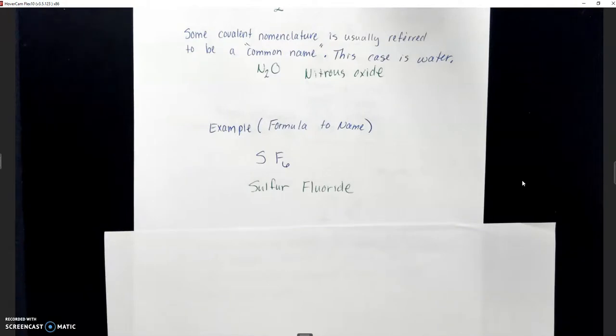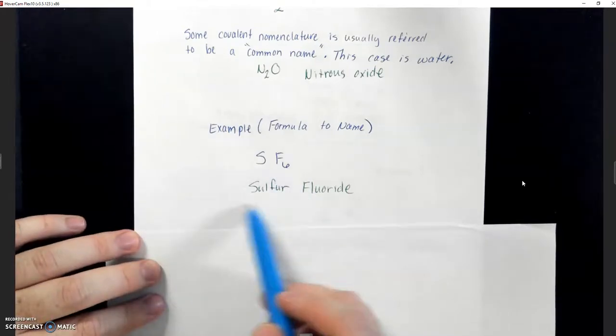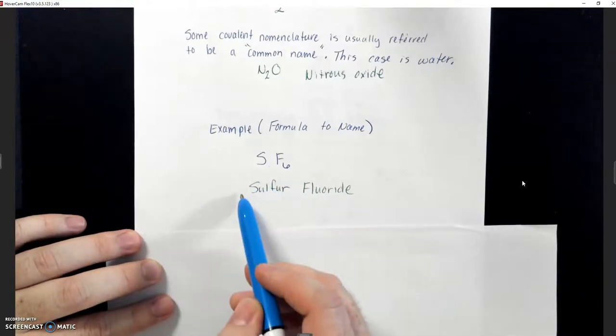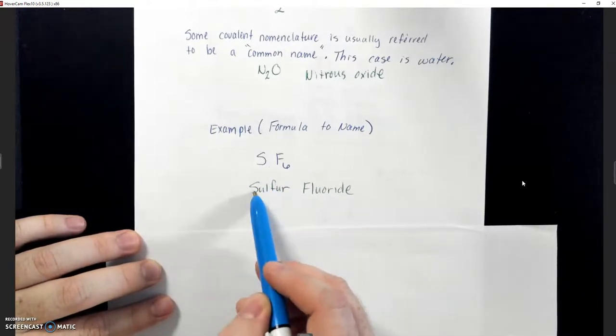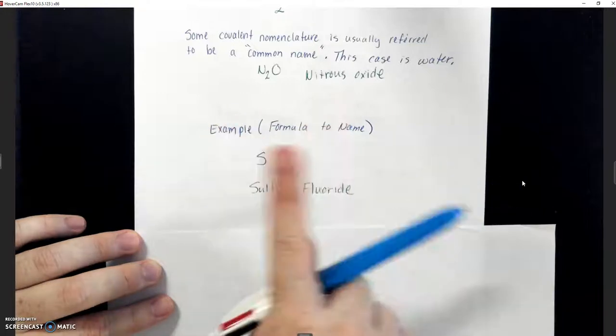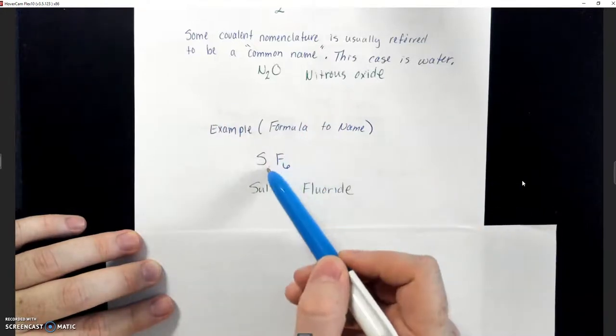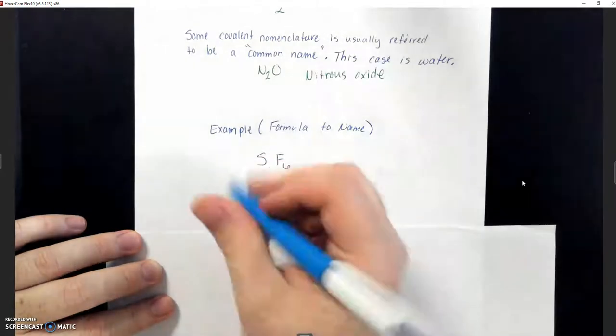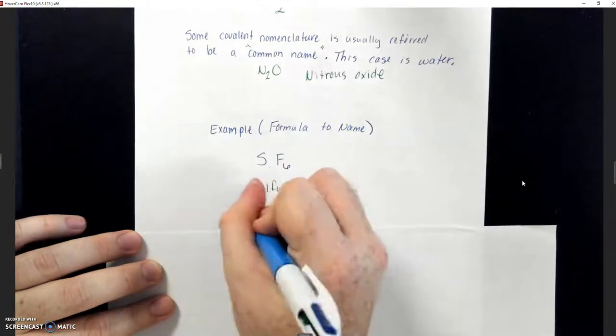Now we have to go in and put the prefixes. For sulfur, there's only one. Now, a lot of you will think to put monosulfur here. You actually don't have to do that. If it's 1 and the element is listed first, you can just leave it as sulfur.